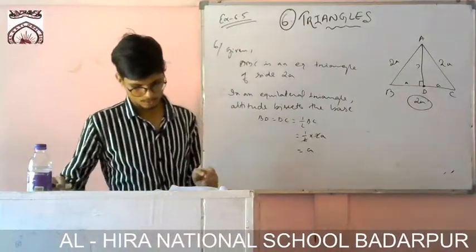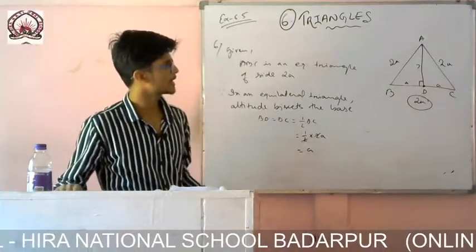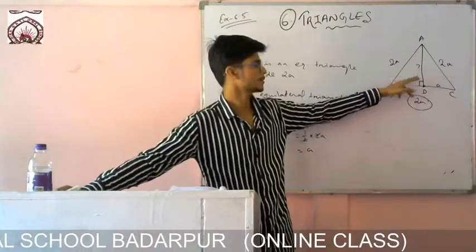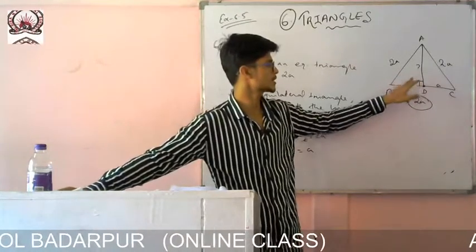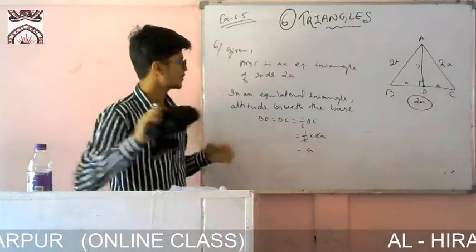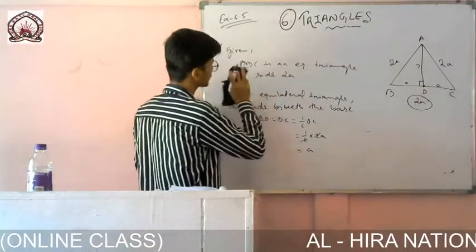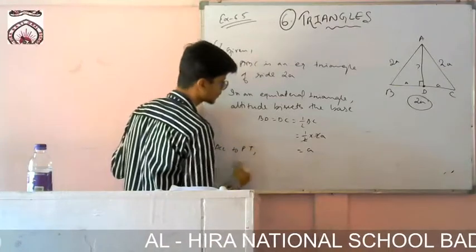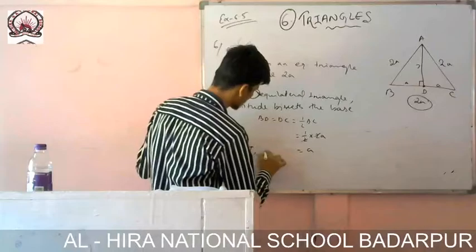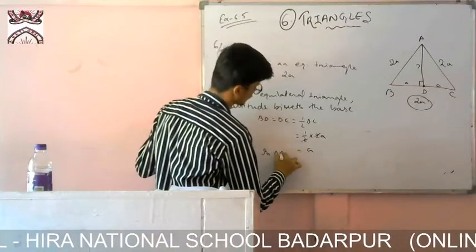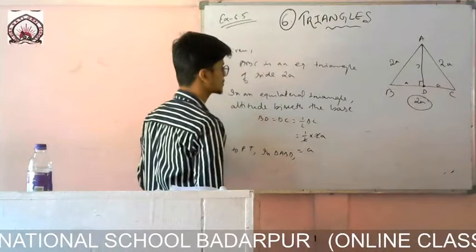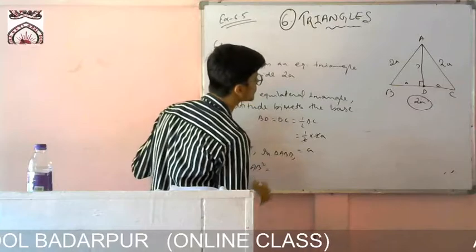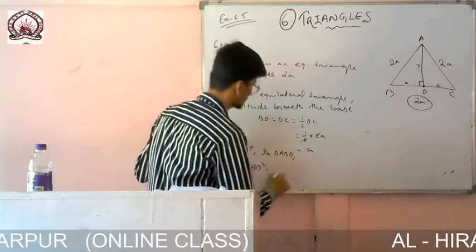After that, I will take any triangle, whether ABD or the other one, and simply use the Pythagoras theorem. Hypotenuse square is equal to this side square plus that side square. So the altitude square will be different. According to Pythagoras theorem, in triangle ABD, AB square is equal to BD square plus AD square.